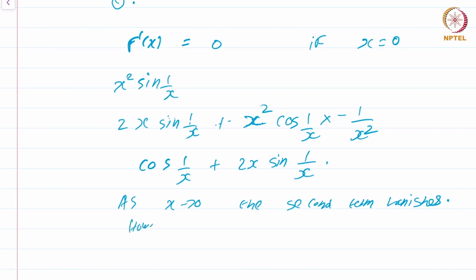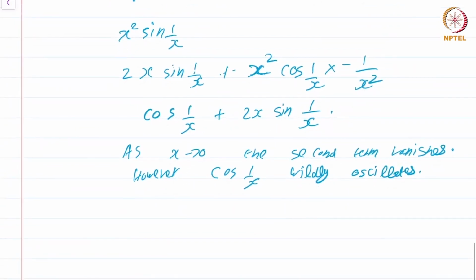However, cos 1 by x wildly oscillates, which means this function, the derivative f prime of x, is not continuous at 0.